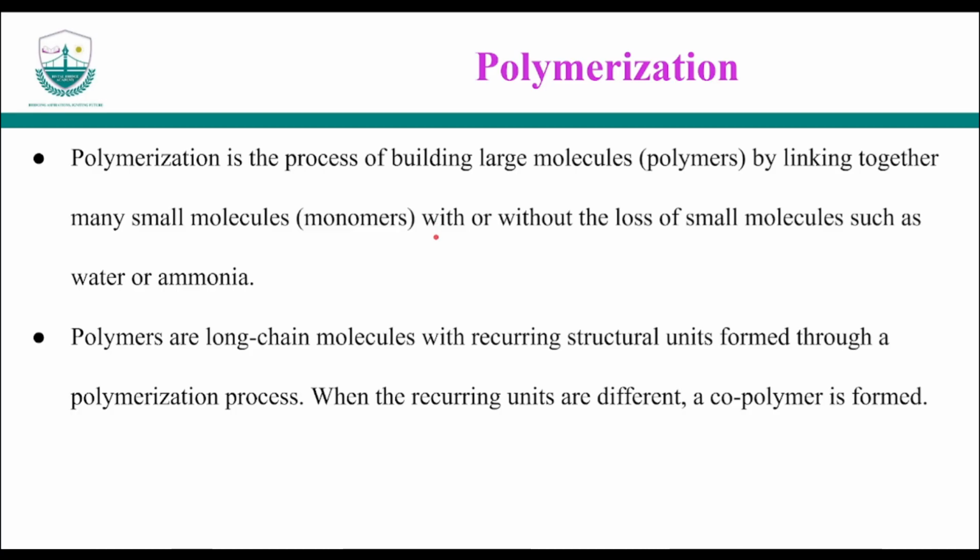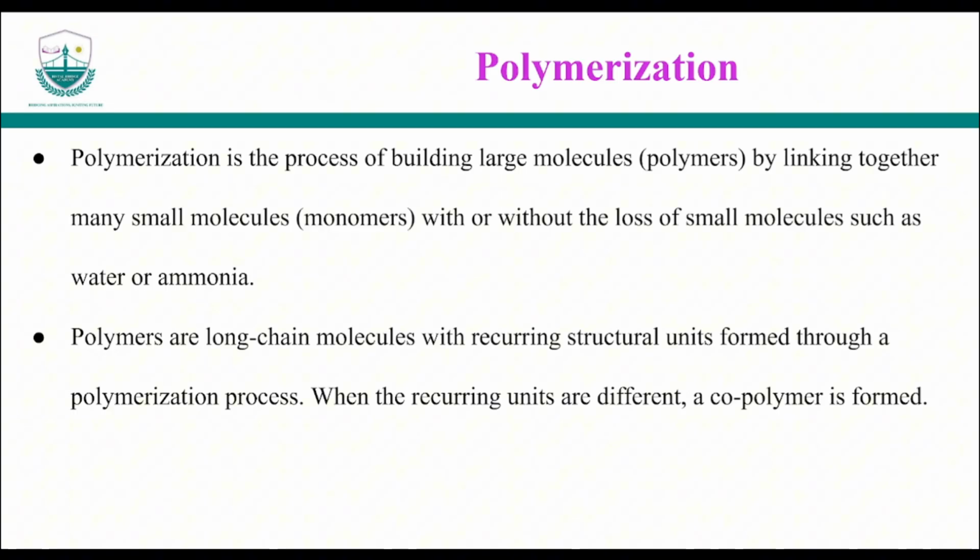We have two types of polymerization, and these give us either some smaller molecules released as a result of the combination, or in some cases, no other smaller molecules released as a result of these polymerization reactions. So a polymer is a large molecule that consists of smaller molecules called monomers that have been joined together through a process of polymerization.